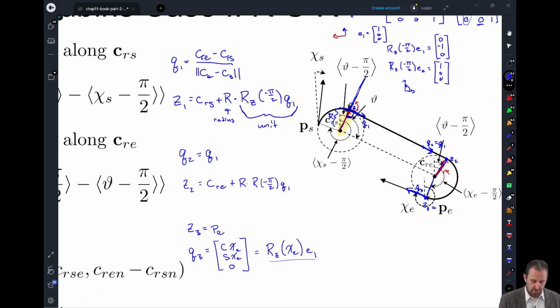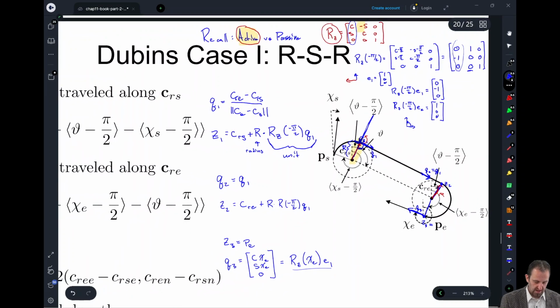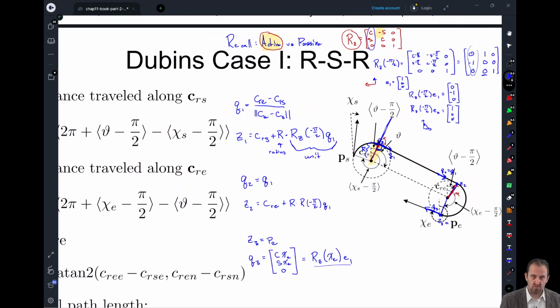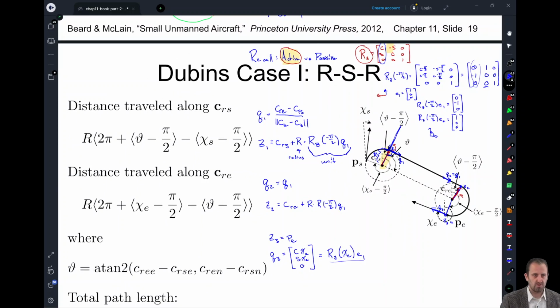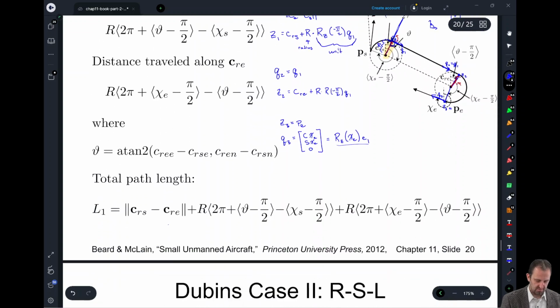So there we have it. For RSR, we have Q1, Z1, Q2, Z2, Q3, and Z3. And don't forget we're using an active rotation for our RZ definition here.